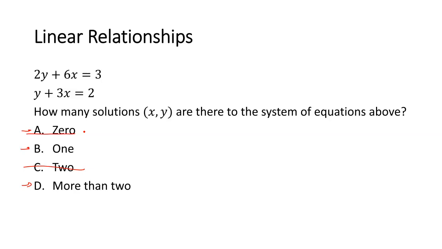So if it's 0 solutions, then my lines here are parallel. If it's 1 solution, well, the lines intersect somewhere. What if it's more than 2 solutions? What if it's infinitely many solutions? What do I know about the lines? Yeah, they're the same line.